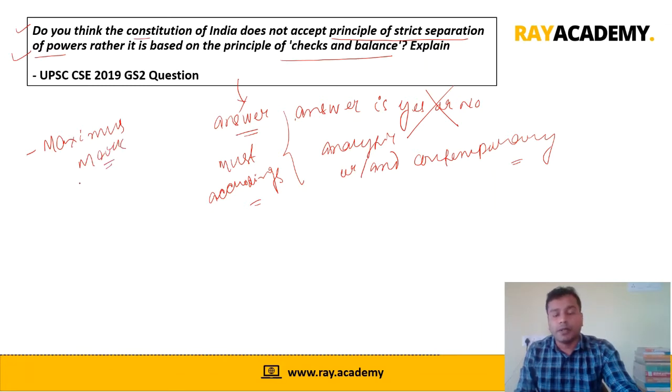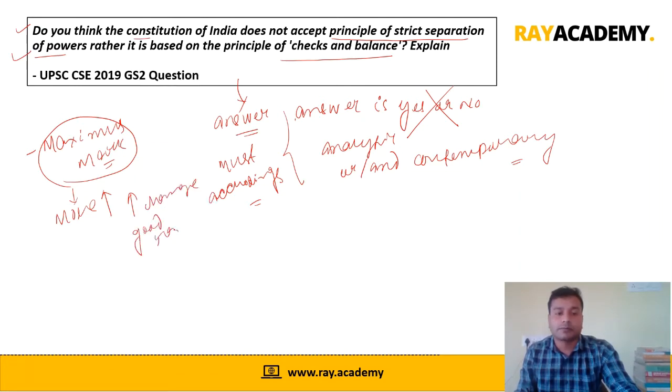Because the objective is, the more marks you get in the civil service mains examination, the higher is the chance to secure a good rank. So our objective is to fetch maximum marks in these particular questions. Now let us start.